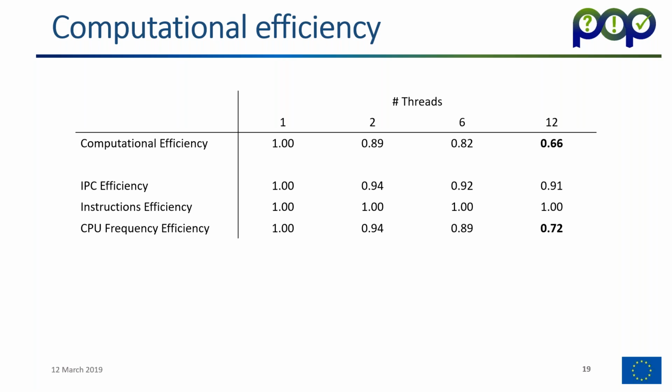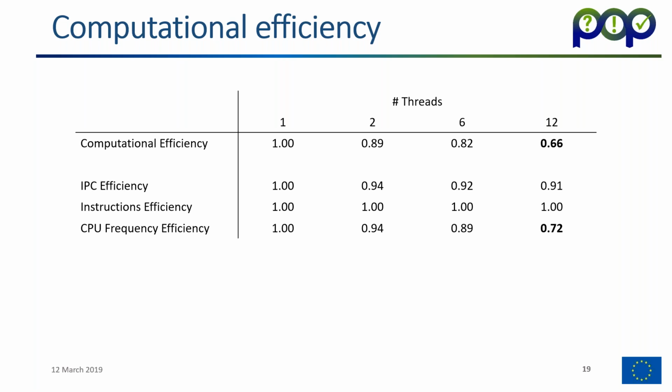And so it looks like the drop in performance we saw on 12 threads in the computational efficiency was almost entirely due to the CPU frequency decreasing sharply on 12 threads. So again, we could go and look in more detail at what might be causing that and what we could do about it as part of the performance optimization that follows generating these metrics.